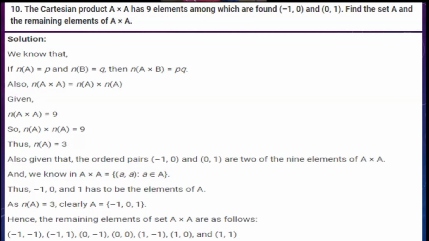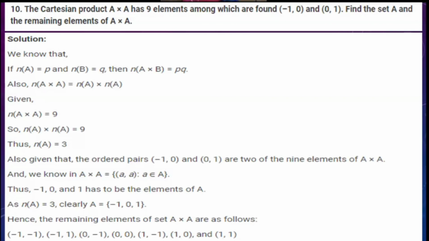But if you are multiplying the same set, then n(A into A) becomes n(A) into n(A). Here it is given that n(A into A) is 9, so A contains 3 elements because 3 into 3 equals 9. Also given that the ordered pairs (-1,0) and (0,1) are 2 elements of A into A.